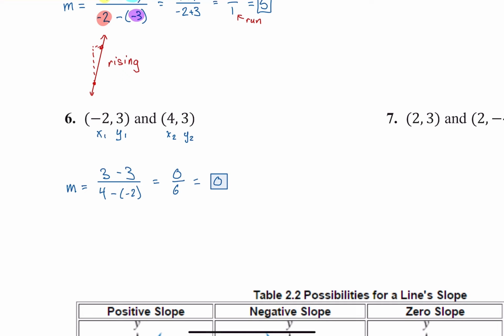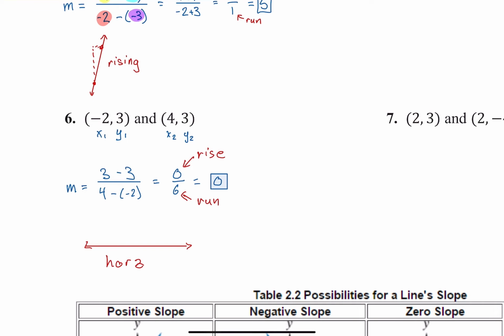If we had a 0 in the denominator, we have a different case. But again, it's still useful to look at this as rise over run. So it's going to rise 0, it's going to run 6. So if it rises 0 and runs 6, you have a line that is just going to be flat or horizontal.